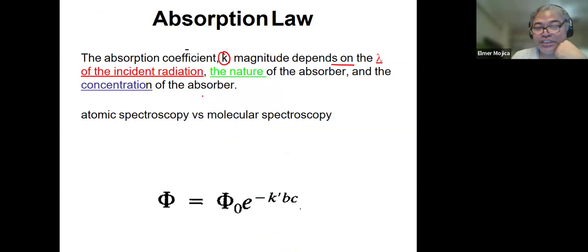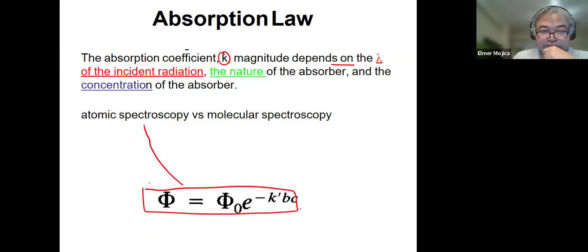In atomic spectroscopy, the absorption law that is most commonly used is in this form, where K is dependent on the concentration.